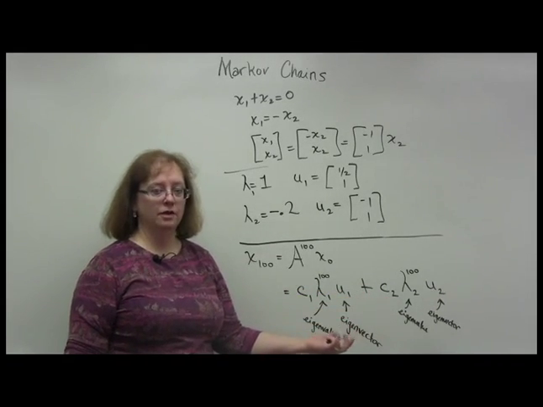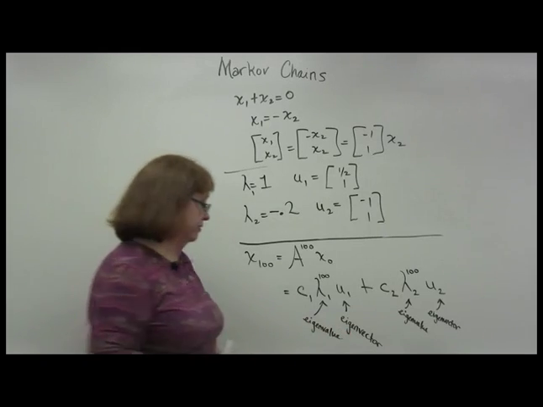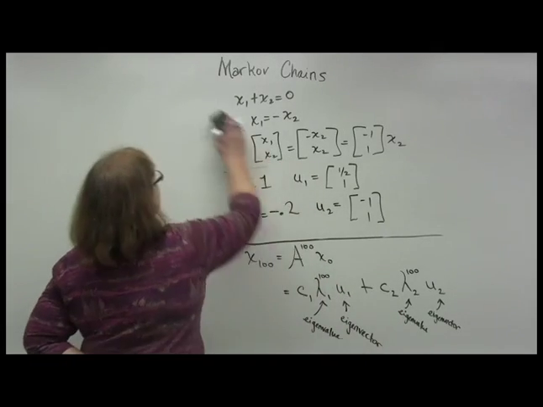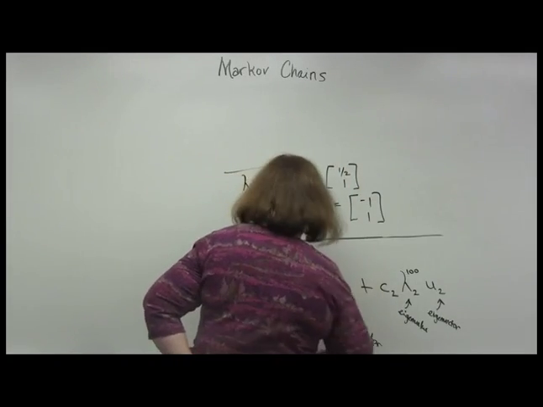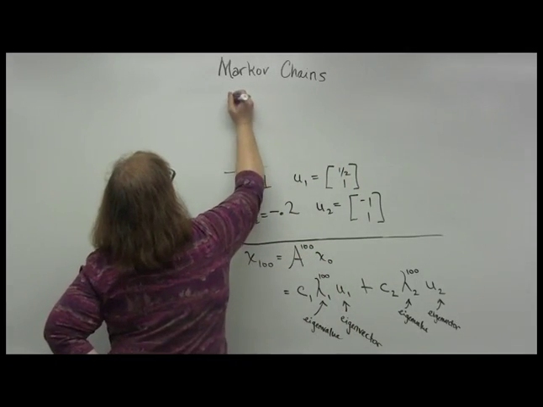I don't know them. Now, if you remember where they came from, C sub 1 and C sub 2 came from the initial state vector being written as a combination of my eigenvectors.